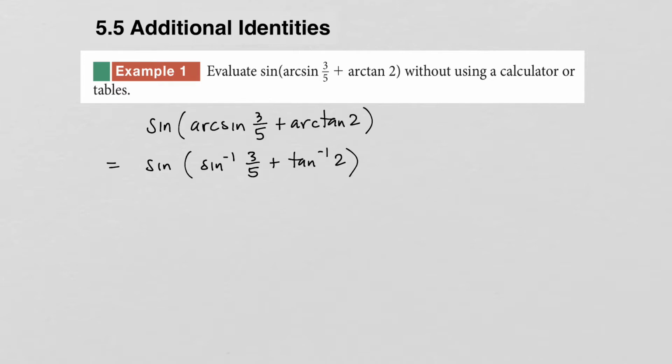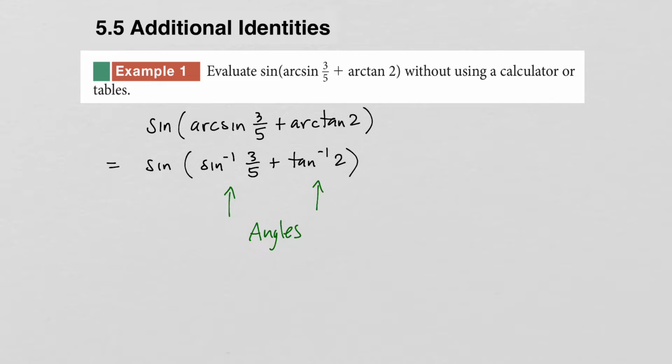So first, I just want to remind you that arcsine and arctangent are the same as inverse sine and inverse tangent. So how do we take the sign of the sum of these two things? Well, the important thing to remember here is anytime you have an inverse trigonometric function, these are nothing more than angles.